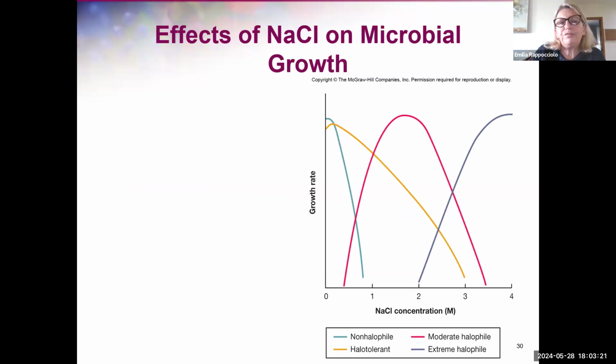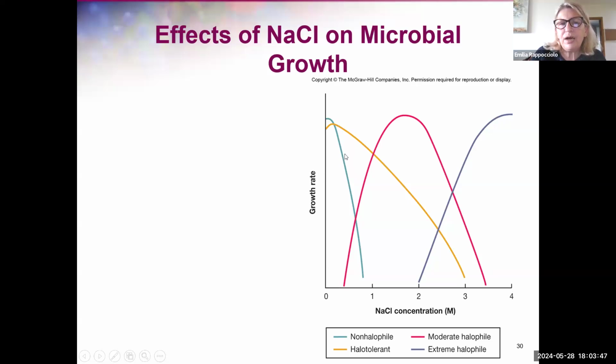Now, if we look at growth rate, so how fast the cells are growing, how fast cells are dividing, how fast the population of cells is growing, and we plot it with the sodium chloride concentration, we can distinguish 4 different types of cells.